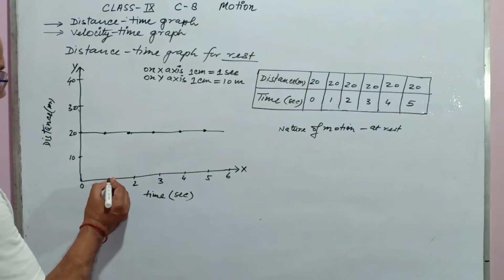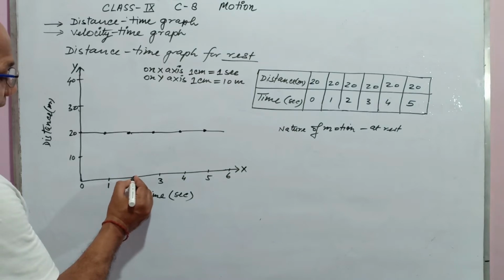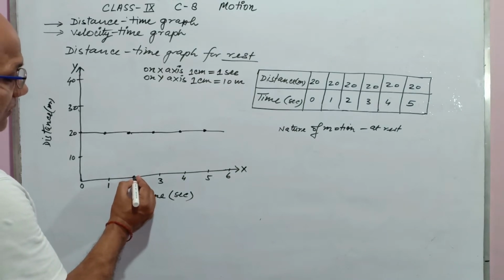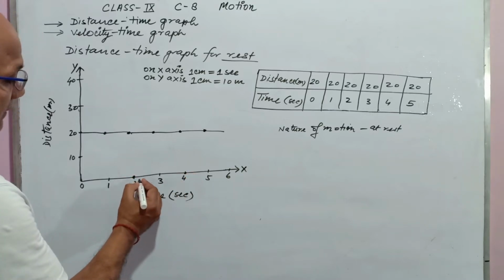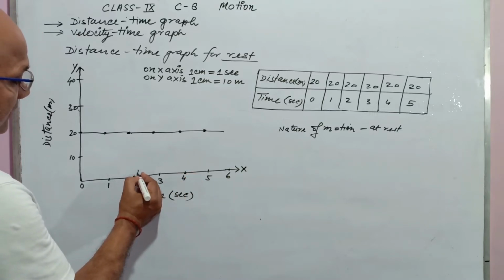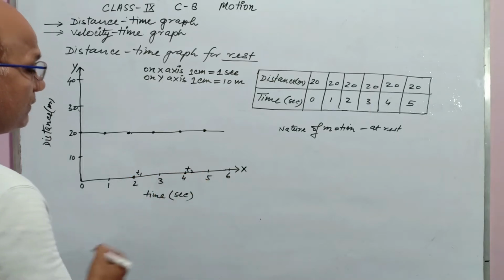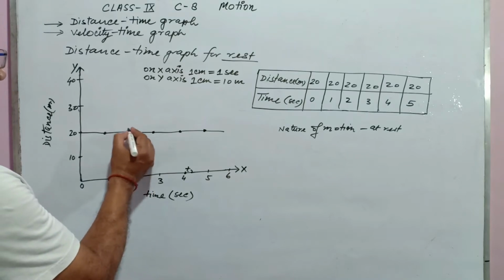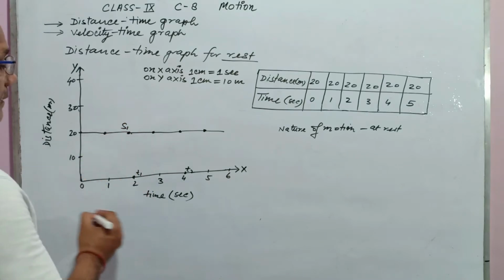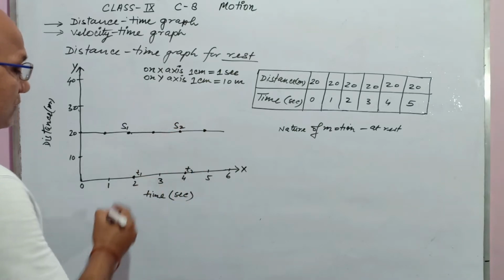So we select the distance covered between 2 seconds and 4 seconds. So let this time be t1 and this time be t2, and at this time distance covered is s1 and at t2 distance covered is s2.